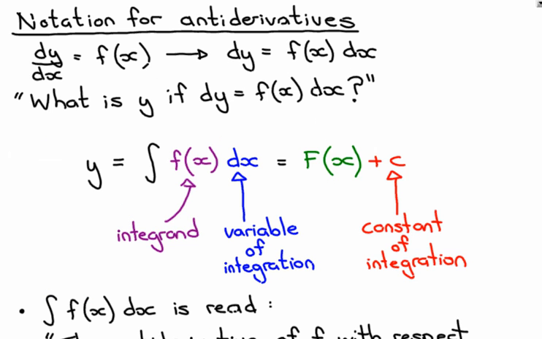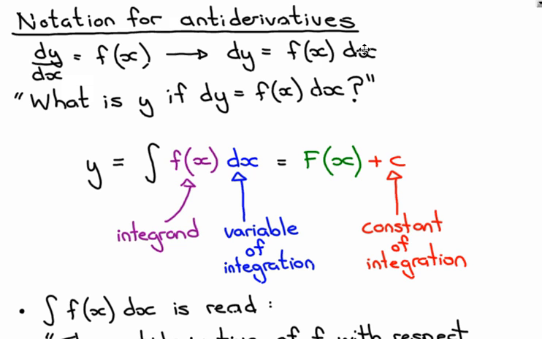Let's delve a little bit more into our notation. What notation do we use for antiderivatives? Now, I'm going to go a little bit into the background of the dy over dx, but I'm not explaining all the details. Those will be explained in a later video when we can actually represent integrals as the area under a curve. So just simply put, if I've got dy over dx, the derivative of y with respect to x, being a function, then I can almost think of timesing both sides by dx.